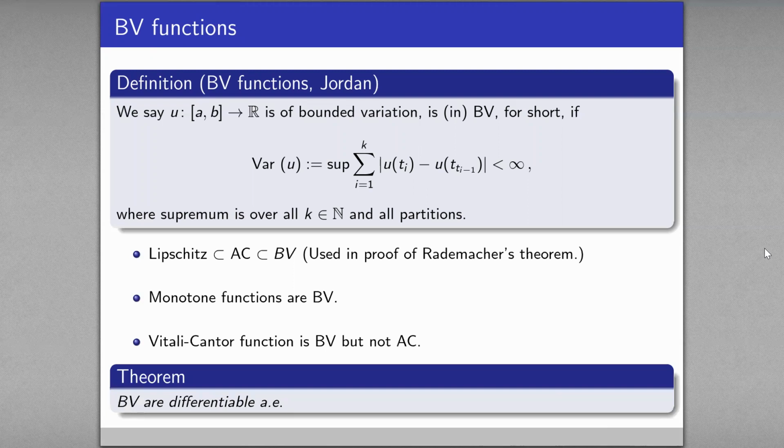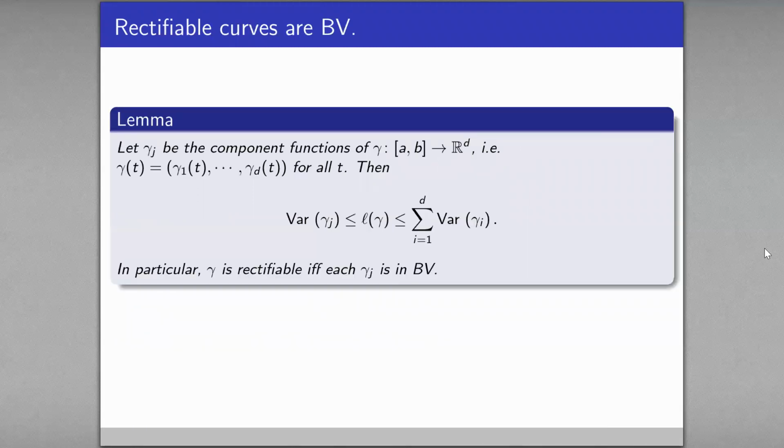And here comes the most significant theorem about BV, that they are differentiable almost everywhere. Okay, so we talked about the fundamental theorem of calculus, that it holds for AC, and also we talked about BV, and we saw that the fundamental theorem of calculus does not necessarily hold for BV. What does all of this have to do with curves?